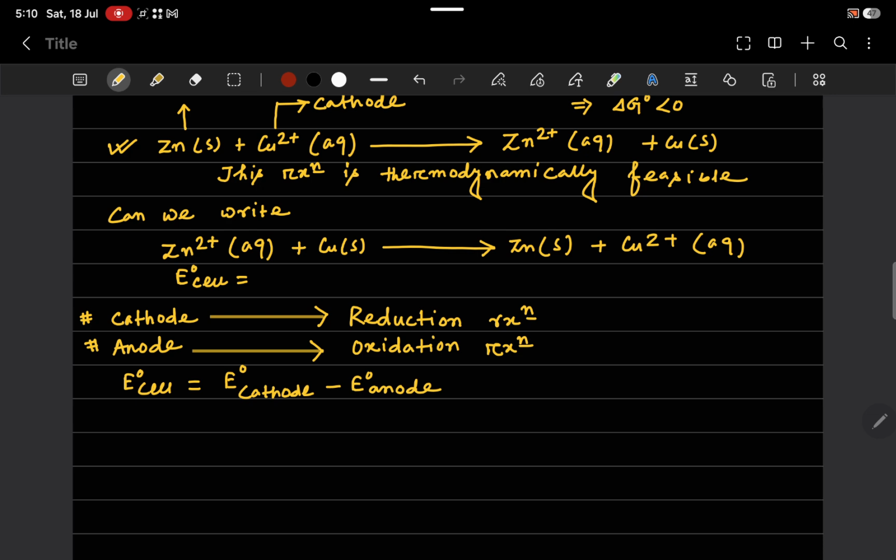Cathode means where reduction is taking place. So from here to here, what is happening? That is reduction.